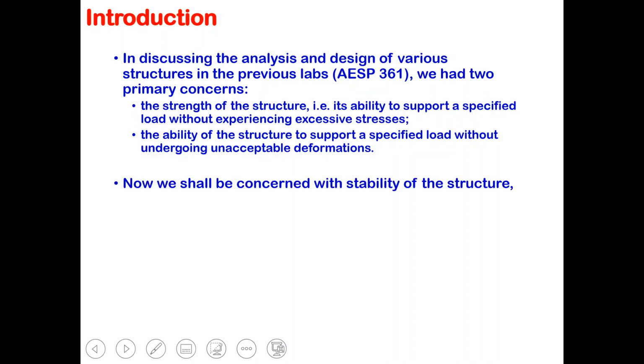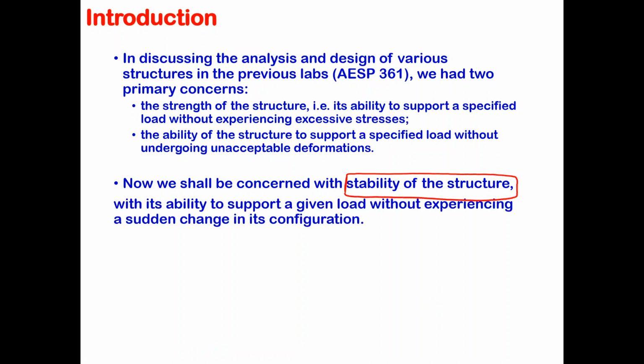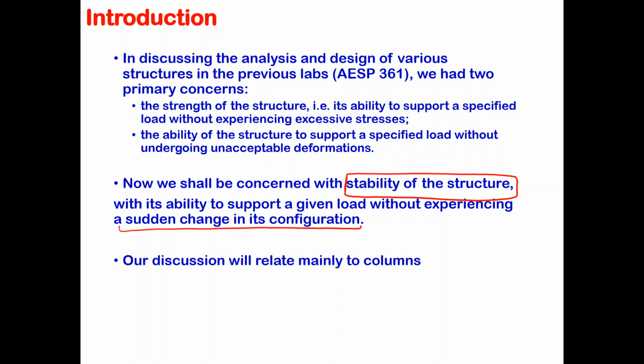Now we are going to be concerned with the stability of the structures and also its ability to support a given load without experiencing a sudden change in its configuration. And the discussion in this semester is mainly focused on columns.